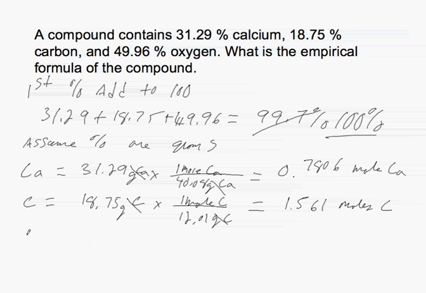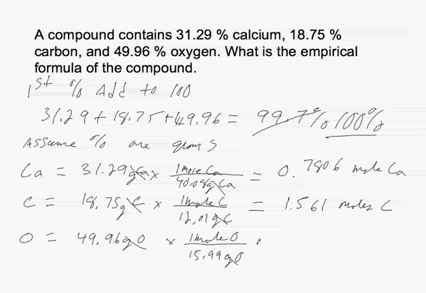And the last thing you want to know is how many moles of oxygen we have. So we have 49.96 grams of oxygen, and we know that for every 1 mole of oxygen we have 15.99 grams of oxygen.